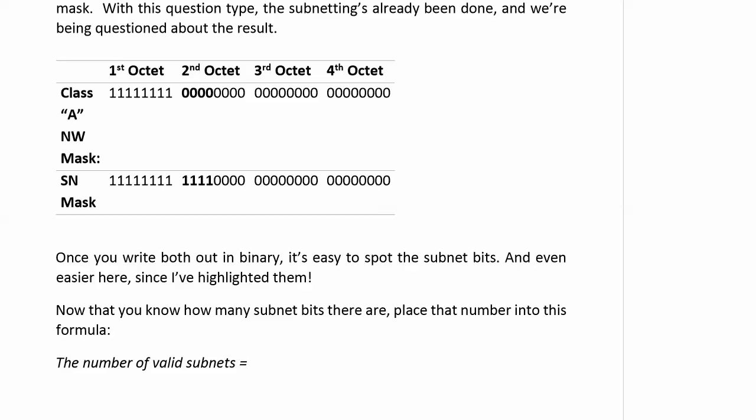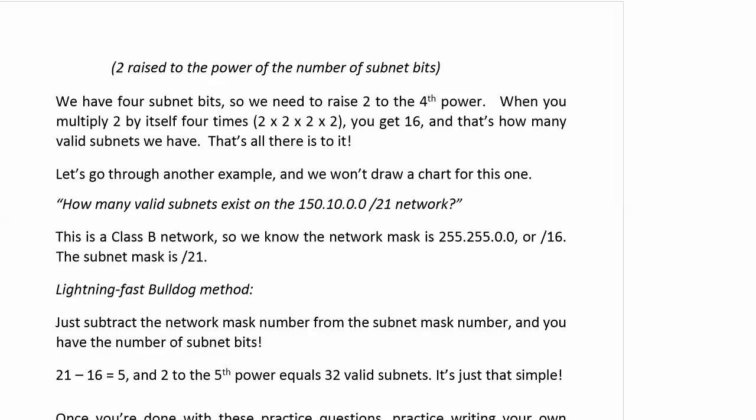That sounds so complicated. It's really not. The number of valid subnets is 2 raised to the power of the number of subnet bits. So we have 4 subnet bits, so we need to raise 2 to the 4th power. Don't be embarrassed to use your fingers. Seriously, I just go 2, 4, 8, 16, done. It's 2 times 2 times 2 times 2. You get 16, and that's how many valid subnets you have, and that's all there is to it.